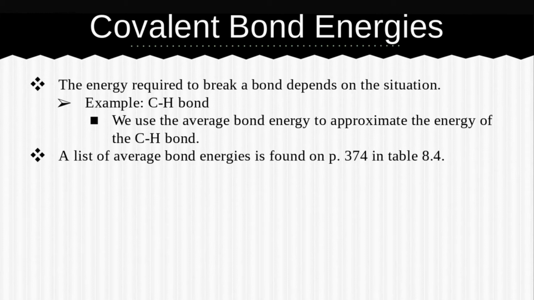But basically, we just use these average bond energies to give us an approximate value. We have a list in our book on page 374 that gives us the average bond energies for a bunch of different bond types between different elements and different orders, single, double, or triple, so that you can use those to approximate the energy of a compound based on the types of bonds that are involved in it.